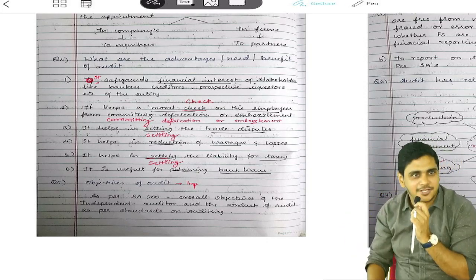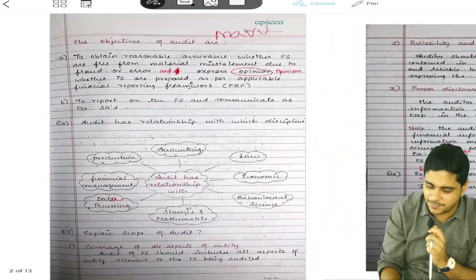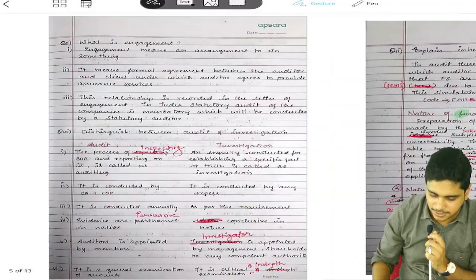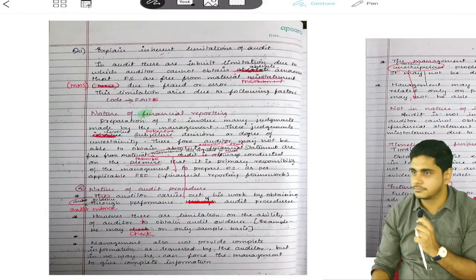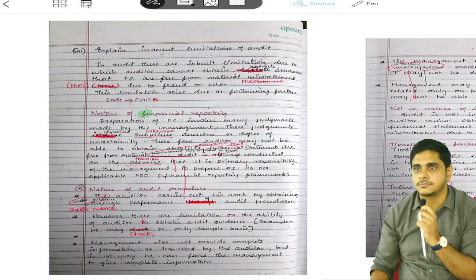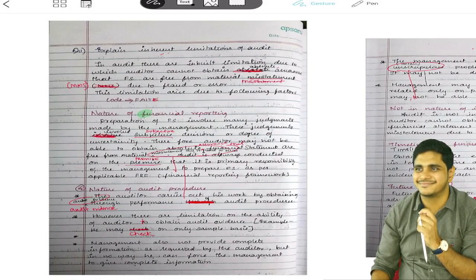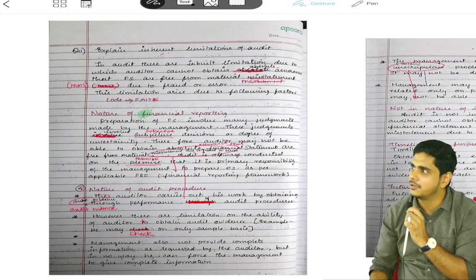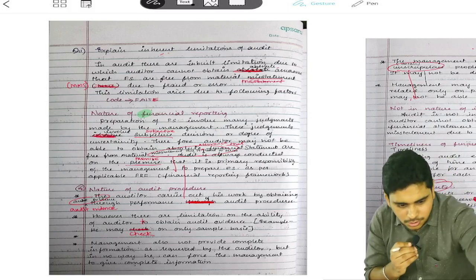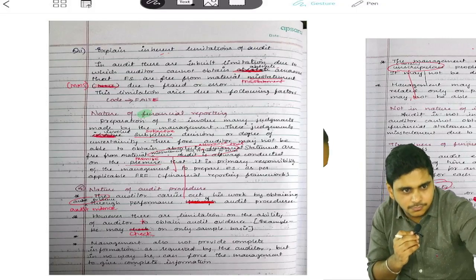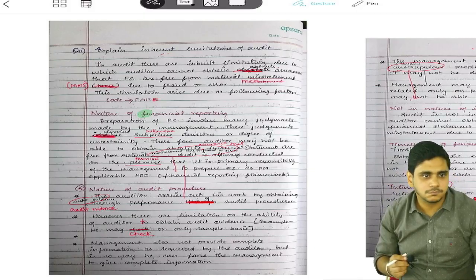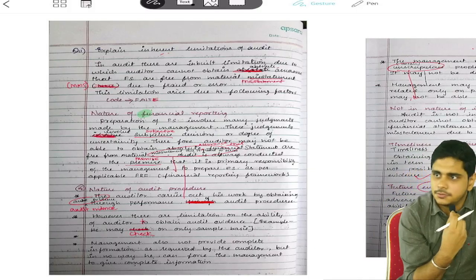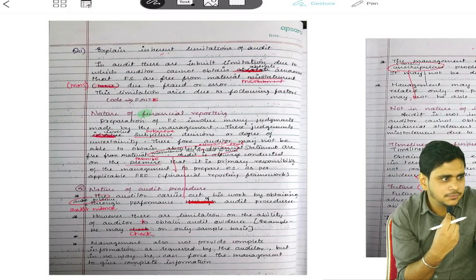Fast track batch, crash course. Yeah, 50% is over. Open your notes, we'll be writing now. What happened? Zoom problem. What problem?